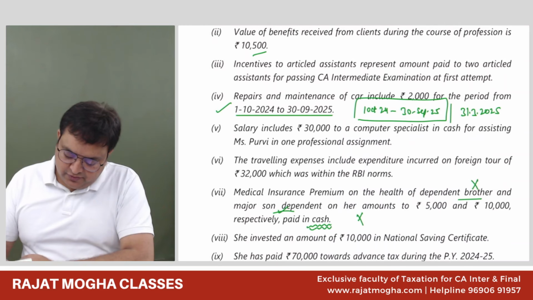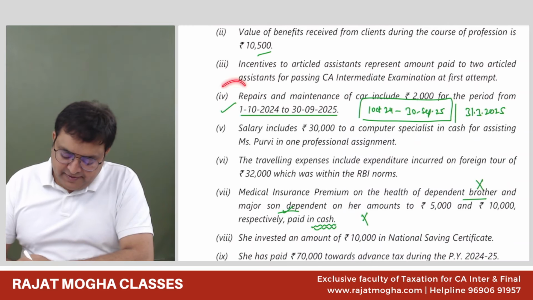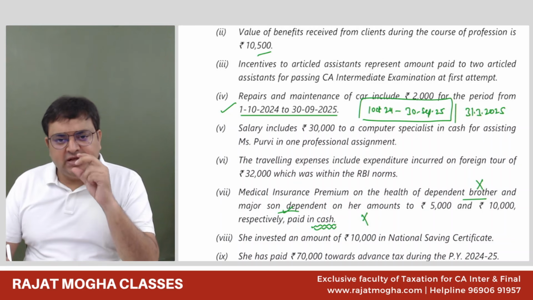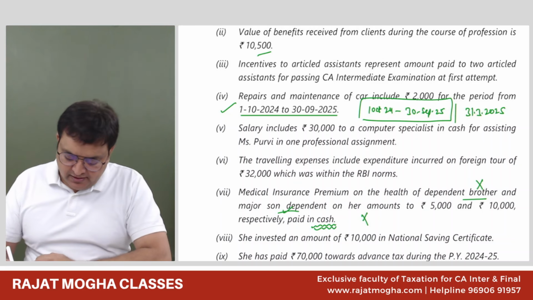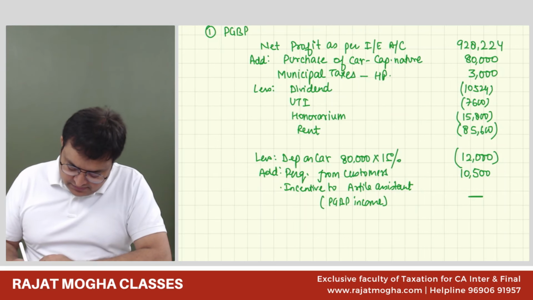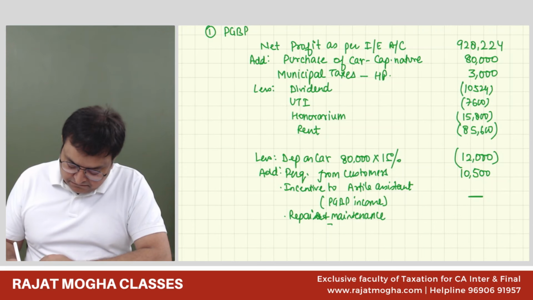Now, fourth is repair and maintenance expenses of car, 2,000, and 1,000 relates to next year. So again, you will not do anything, but you have to tell the examiner why you are not doing anything. So what you will do: repair and maintenance, rupees 1,000 related to previous year 26-27.